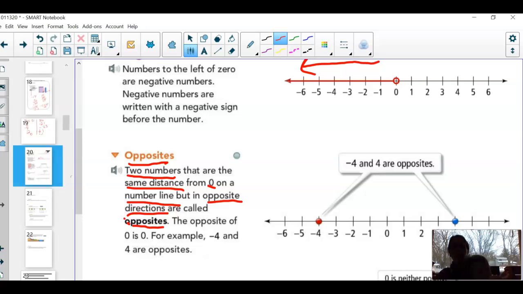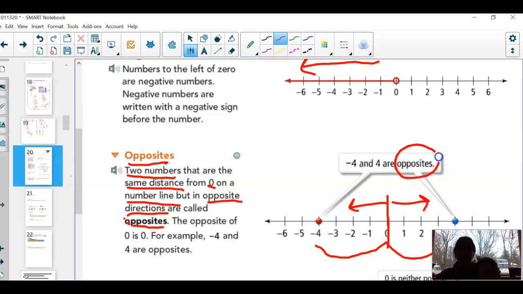Okay, so if I have two numbers that are the same distance, like -4 and 4, they are the same distance from 0, but they're on opposite sides. This one is to the left, a la izquierda, and this one's to the right, a la derecha. They are opposites. Okay?